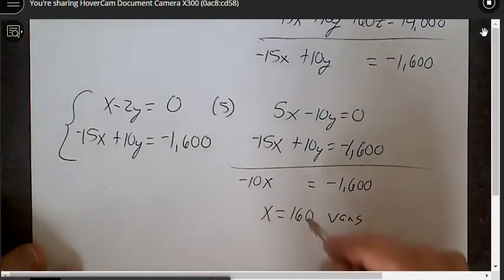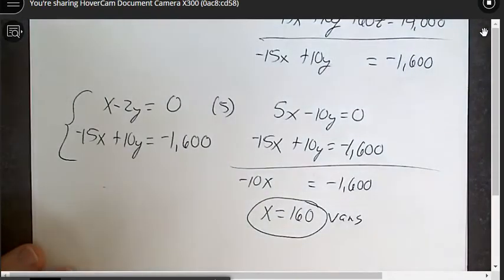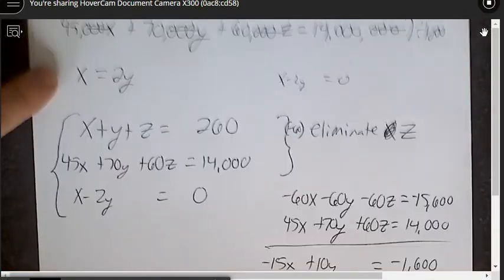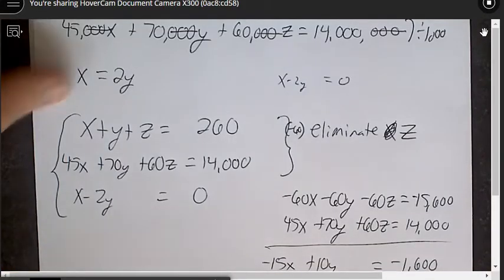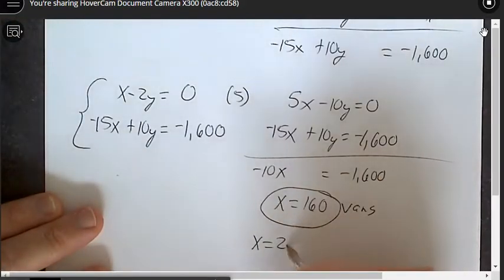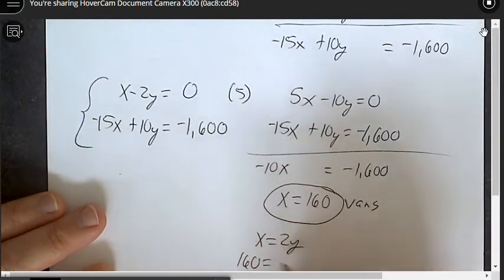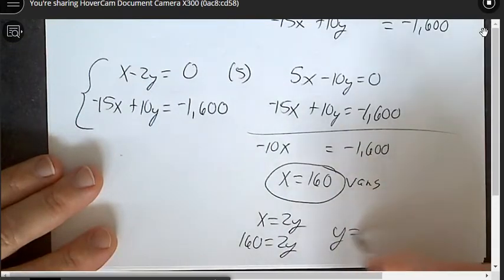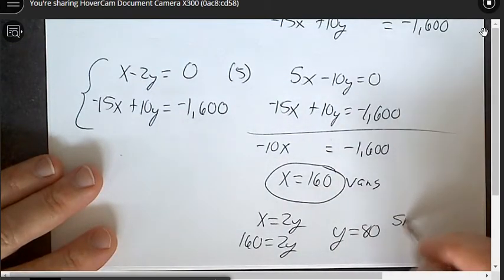Okay, and once we've got that first value, now you can go back and plug it into any equation along the line. If you go back to the very first equation we had back up here, that x was equal to 2y, well, x is 160. And 160 divided by 2 means that y would be 80, and that was the small trucks.